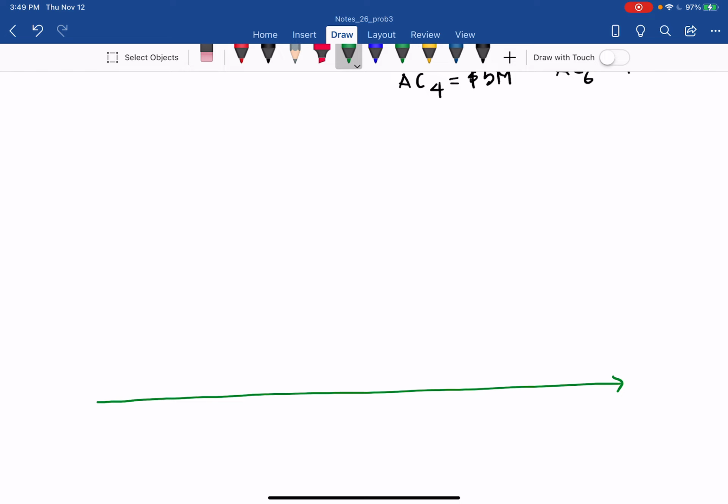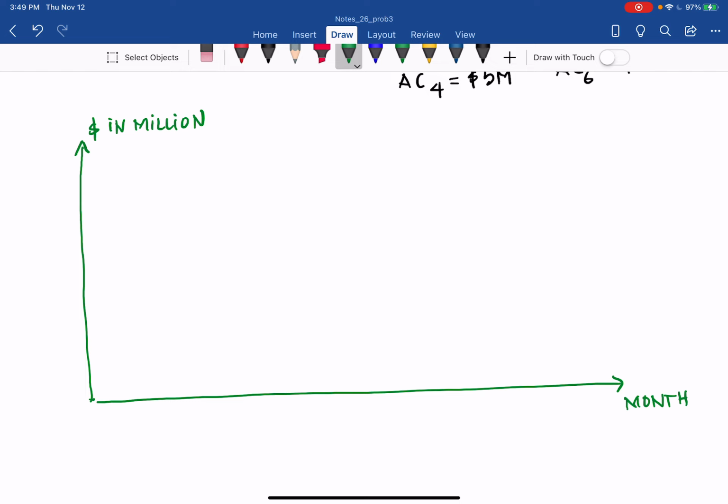It will be month on one axis, and this will be cost, in this case dollars in million.